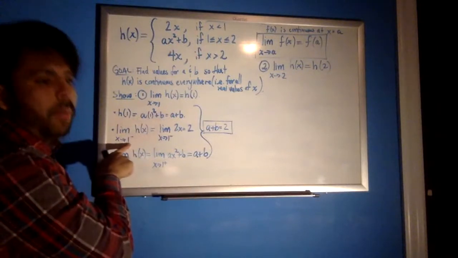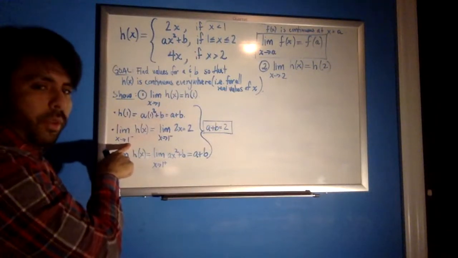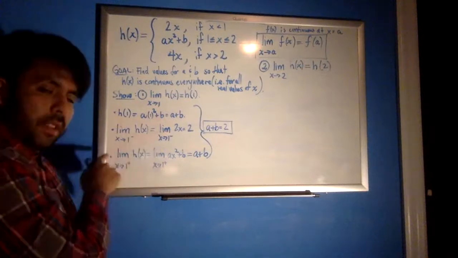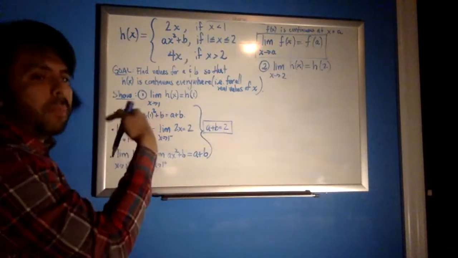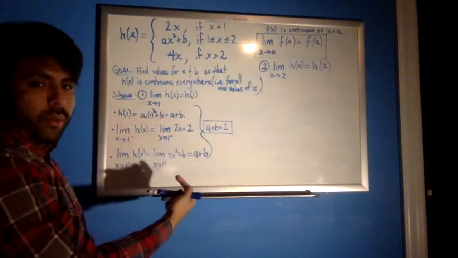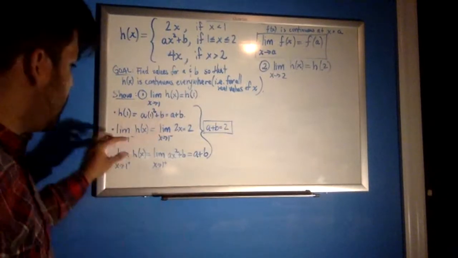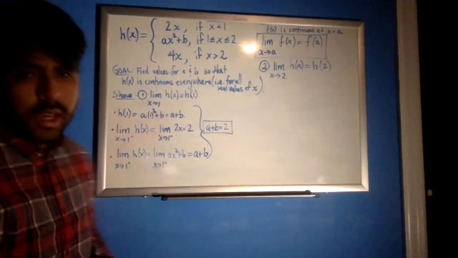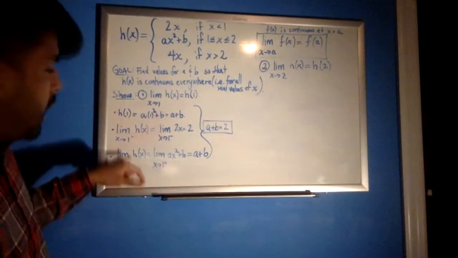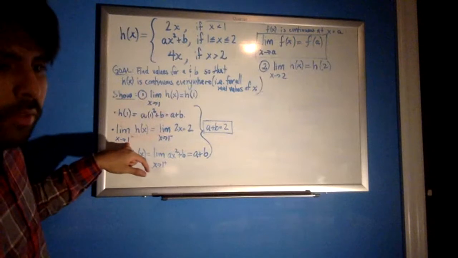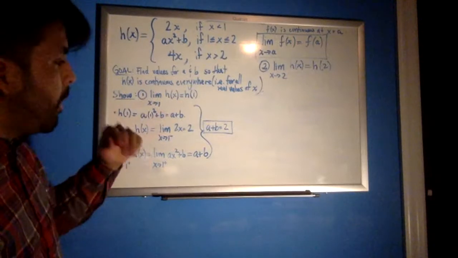If I'm approaching 1 from the left, I am smaller than 1. If I approach 1 from the right, I am slightly more than 1. That's where these symbols come into play. It does not mean that 1 is negative. It just means that I'm approaching 1 from the left side.